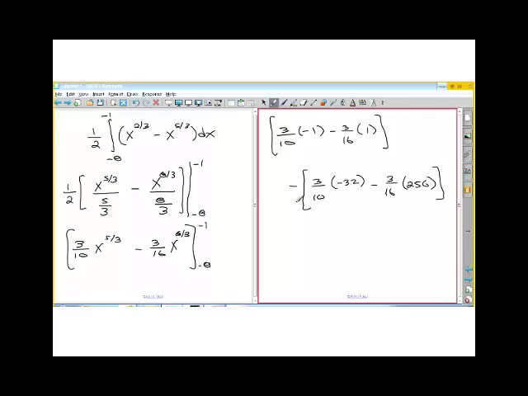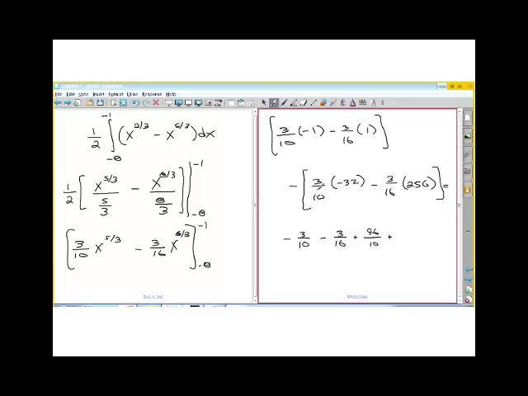Okay, so let's see what we have here. We're going to have -3/10 minus 3/16. Here we have negative times a negative, which is a positive. So we're going to have positive 3 times 32, which is 96, so 96 tenths.